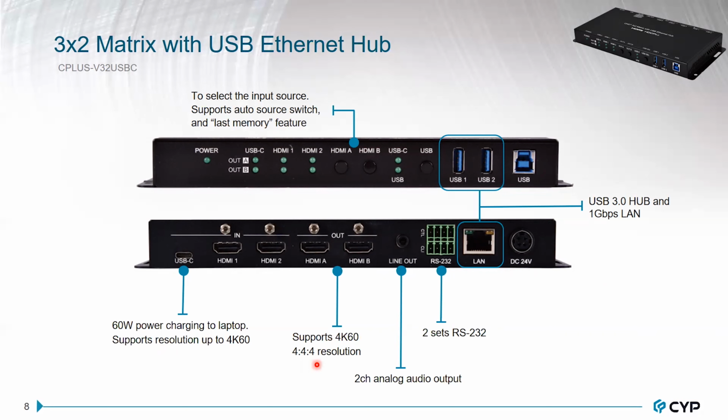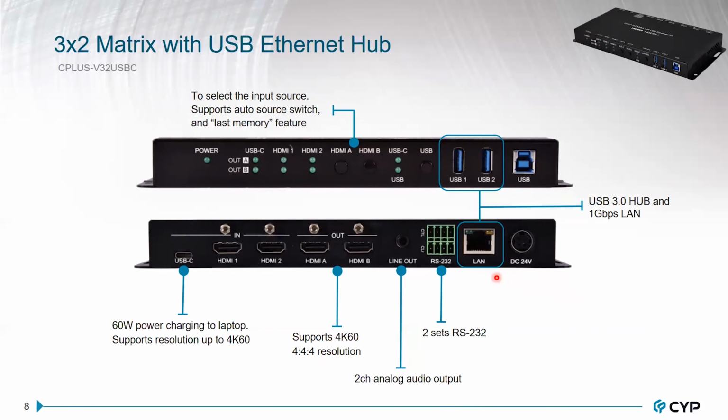All HDMI inputs and outputs support 4K 60 resolution. There are 2-channel digital and analog audio outputs and 2 sets of RS-232, one for controlling the unit and the other one for remote control of the connected device.